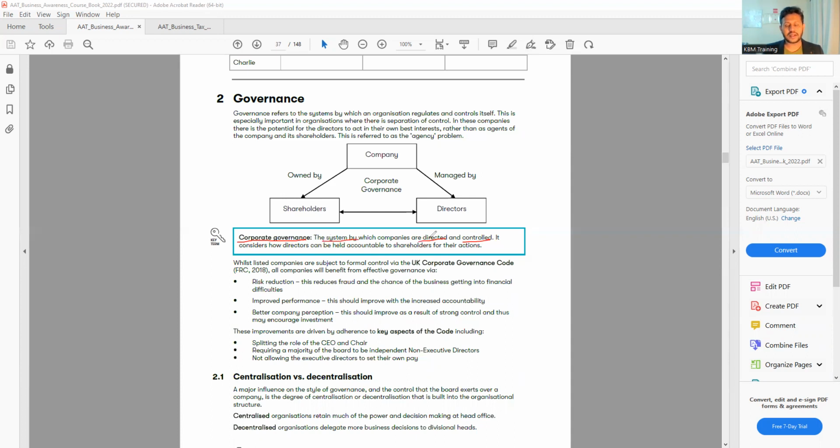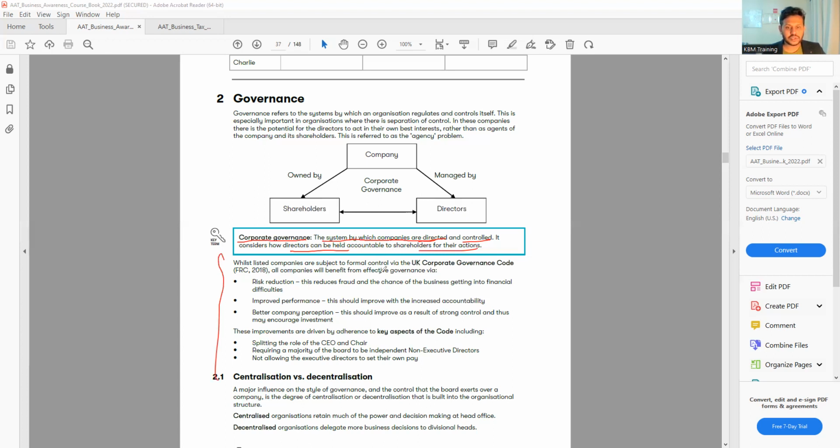This definition you have to remember for the exam, you have to write it. It considers how directors can be held accountable to shareholders for their actions. So if they do something wrong, or something they're not supposed to do, how will they be accountable for that.